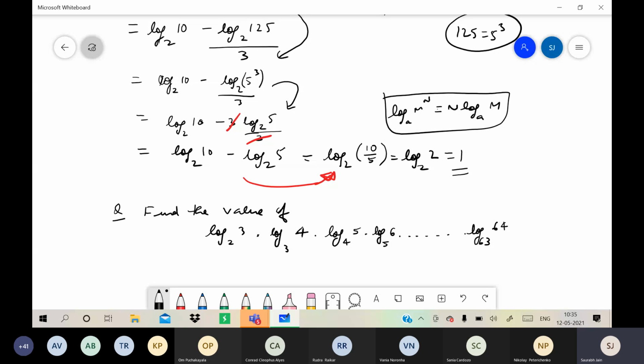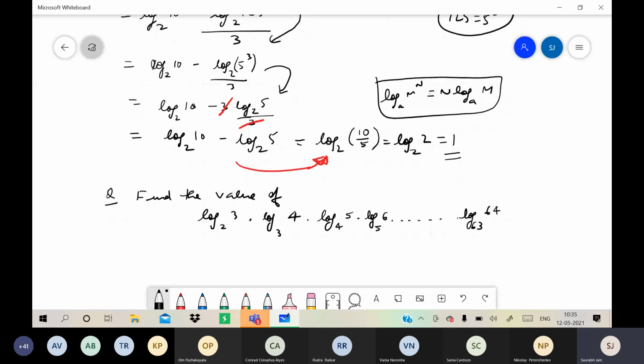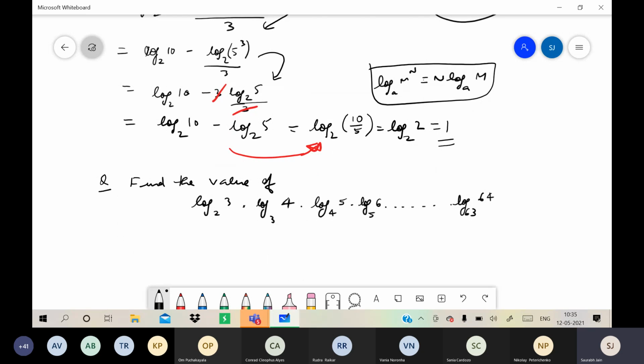You have to find the value of this expression. These dots represent multiplication. Log 3 base 2 into log 4 base 3 into log 5 base 4, like that it is written. Write in the comment section what answer you are getting.